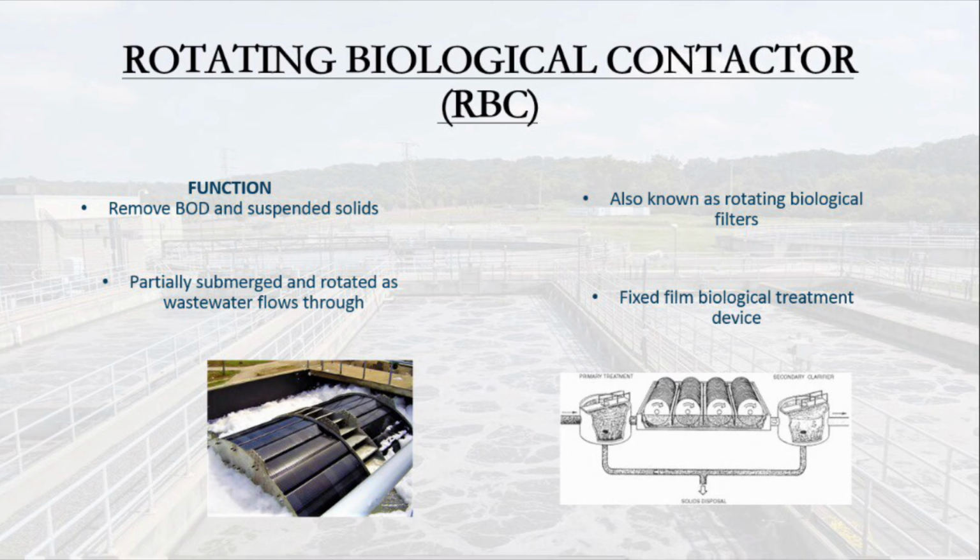This process is used in conventional wastewater treatment plants as secondary treatment after primary sedimentation of domestic grey or black water or any biodegradable effluent. These discs are 40 to 60% submerged in wastewater and rotate slowly.